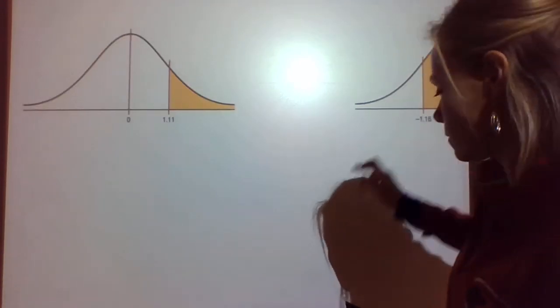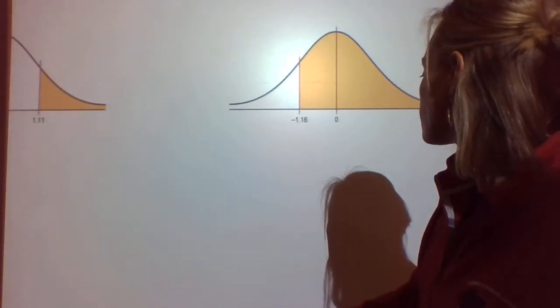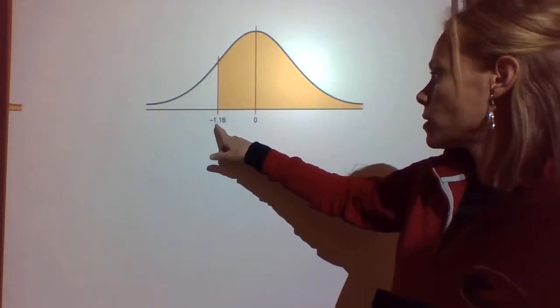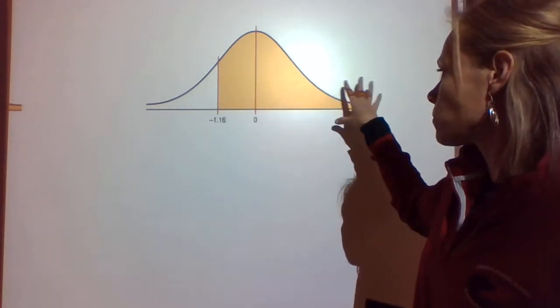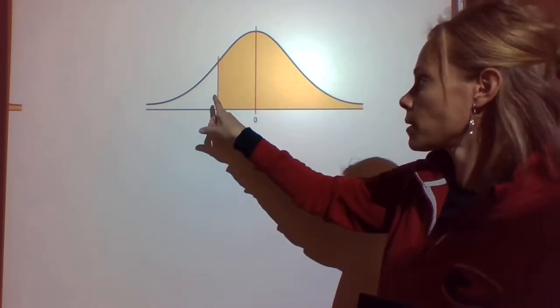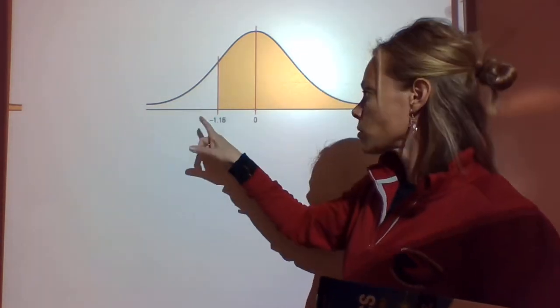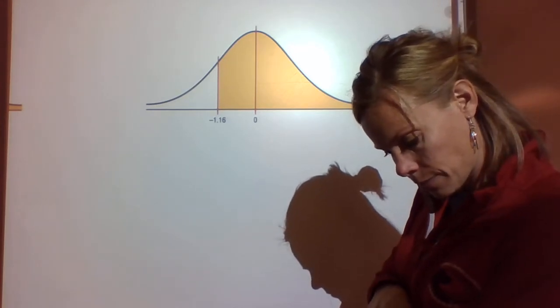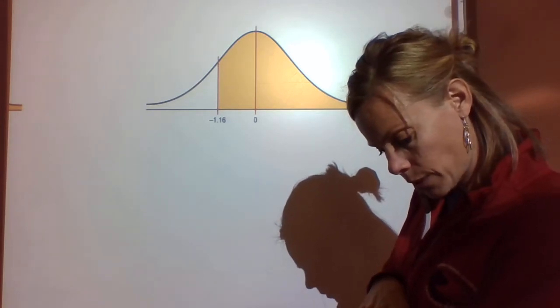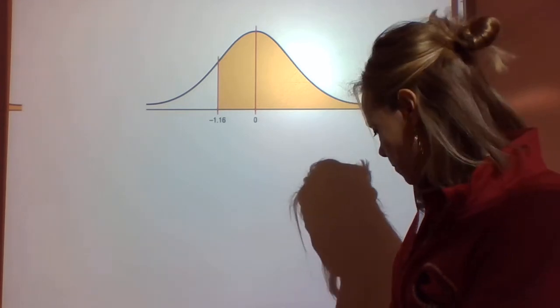I have another one. Okay. So negative 1.16. I want the area to the right. My book doesn't do area to the right, but it does area to the left. So if I look up negative 1.16, I get 0.1230.